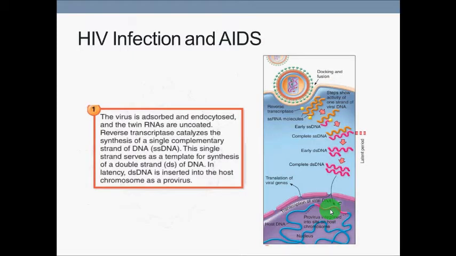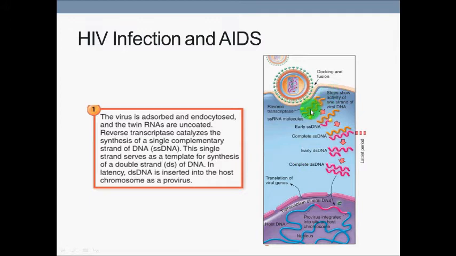The first step in HIV infection, again, is that binding. So the spikes on the outside of the HIV virus bind to the CD4 receptors. Again, these are T cells, helper T cells that we're talking about here. When that happens, the virus then gets inside of the host.